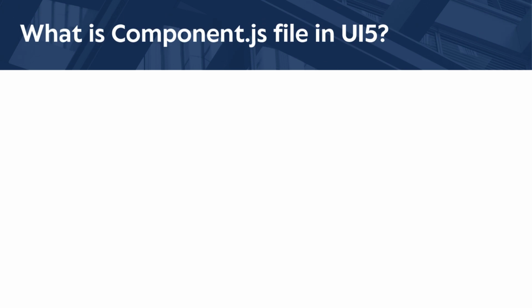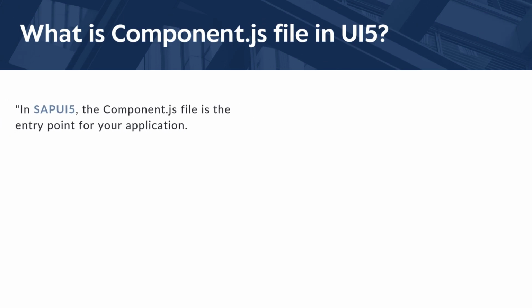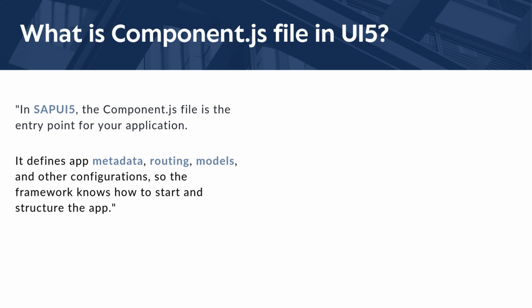Now, what is the Component.js file in UI5? In SAP UI5, the Component.js file is the entry point of your application, and it defines app metadata, routing, models, and other configuration, so the framework knows how to start and structure the app.